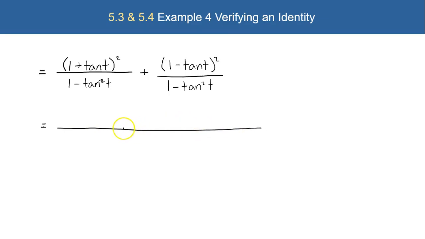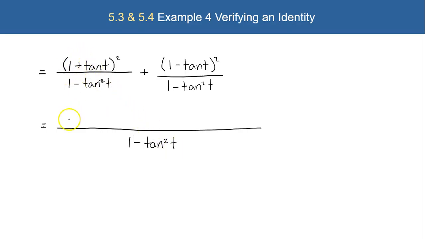And at this point, I am also going to multiply this out right here and also this out right here. You could have kept it in the previous form and done the steps of foiling, but I'm going to do it my way.